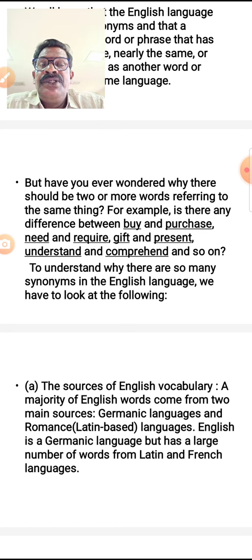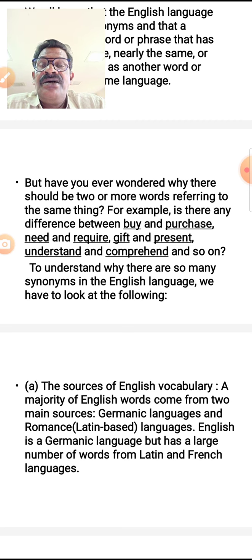For example, is there any difference between buy and purchase? Buy is a different word, purchase is a different word. Both seem to be almost similar, but they have to be used in a different context.